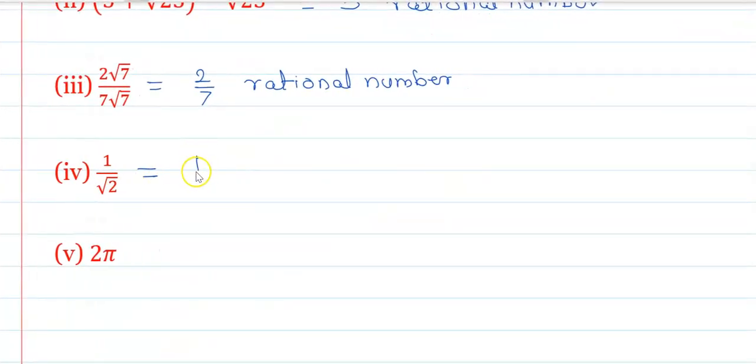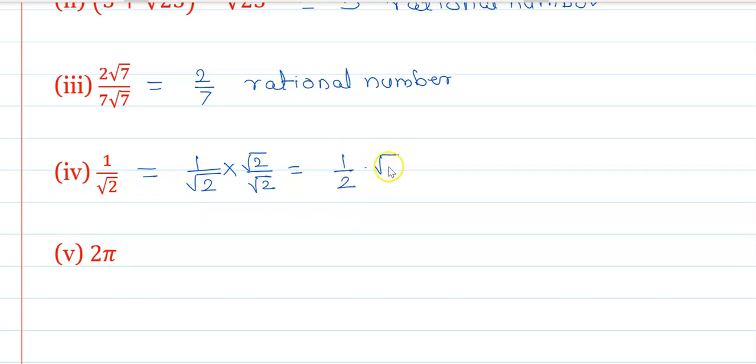First of all we rationalize the denominator, that is, multiply numerator and denominator by root 2. Then simplify: root 2 into root 2 gives 2, so you are getting root 2 upon 2.